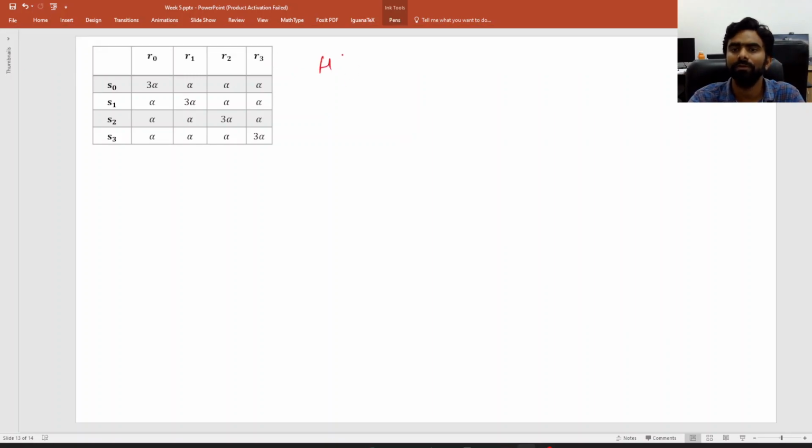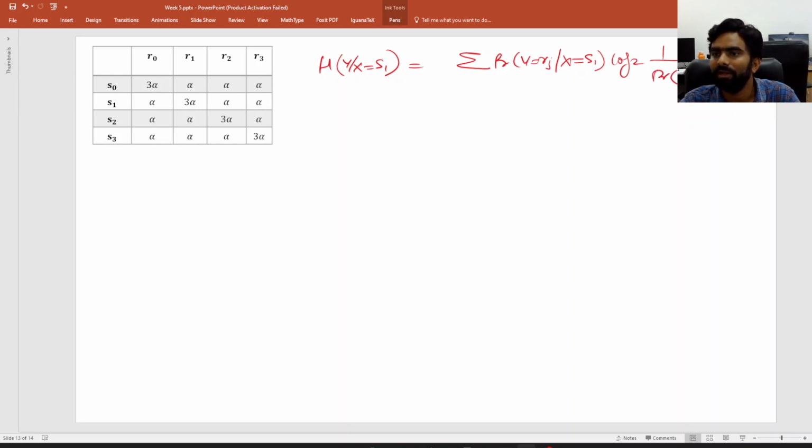Now one more I am writing, and directly I will write for the others. H of Y given X equal to s1 would be, similarly, sigma over j of probability of Y equal to r_j given X equal to s1, times log 2 of 1 by probability of Y equal to r_j given X equal to s1.